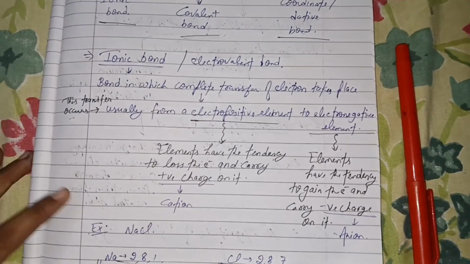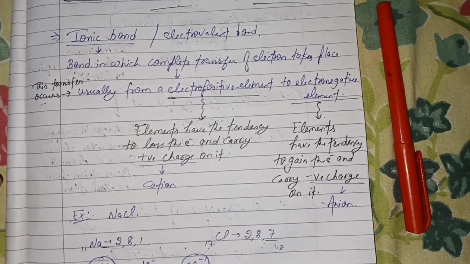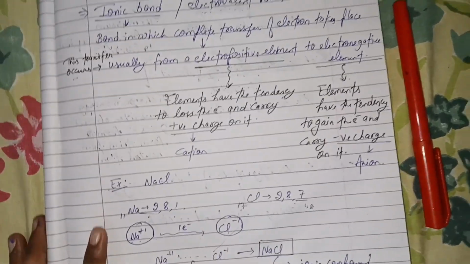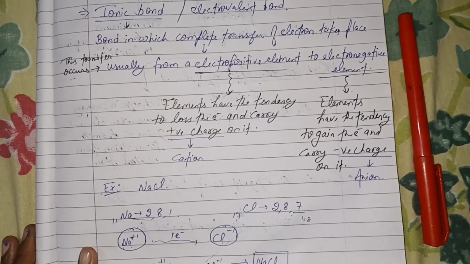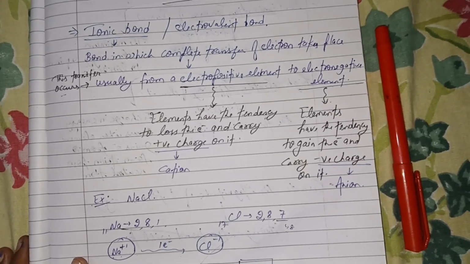So from the electropositive to the electronegative element, a transfer of electrons takes place, and after that ions form, and between these ions a force of attraction between the opposite charges occurs and a bond forms, and that bond is known as ionic bond.